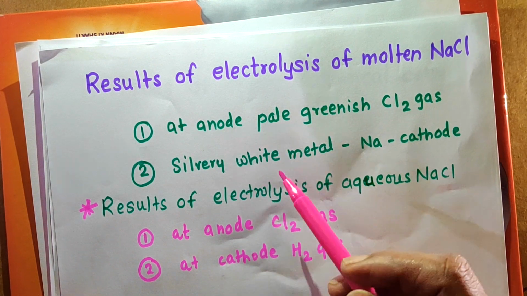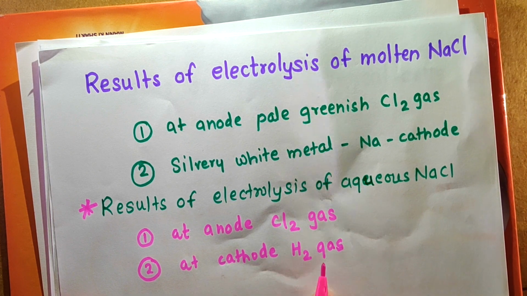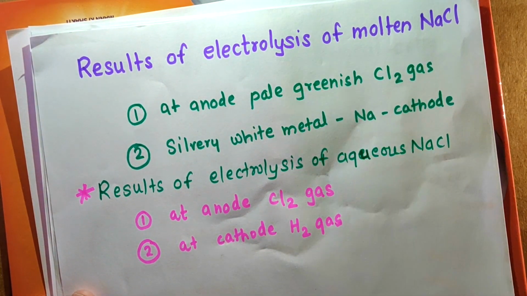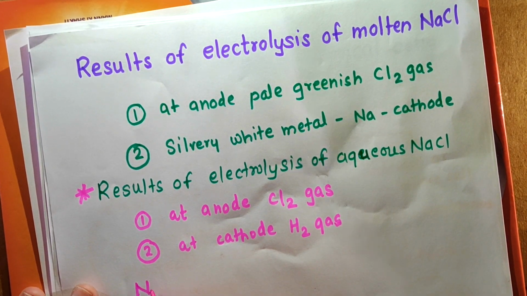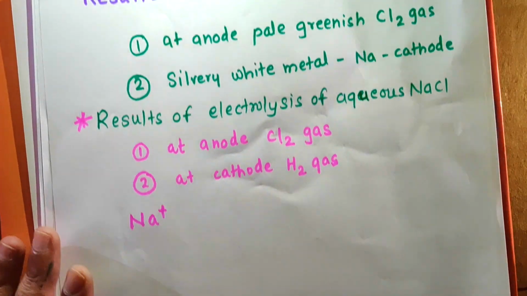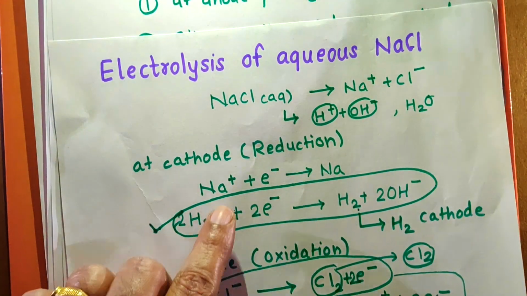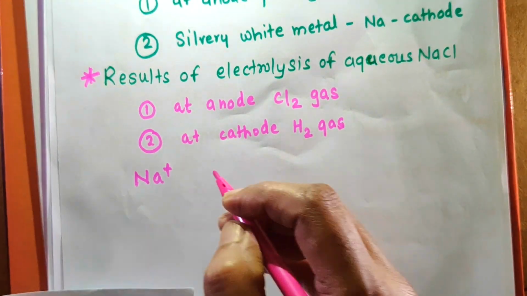The reaction at anode is same, that is chlorine gas is obtained at anode, but at cathode we can obtain hydrogen gas instead of sodium metal. Now remember here, Na plus ions are present in the solutions which are not reacted, which are not taking part. These Na plus ions are free, and here OH minus ions are also free.